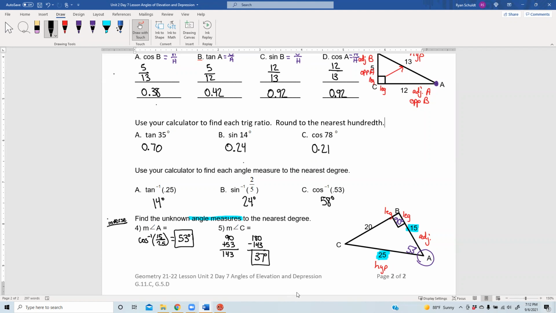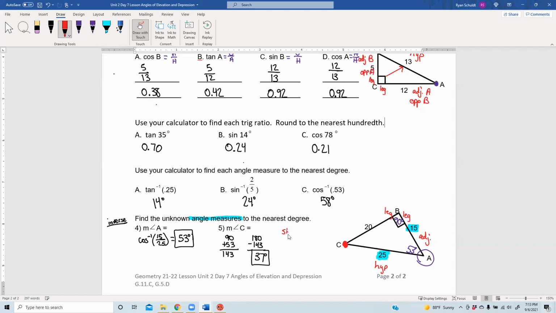Now, let's say you wanted to use the trig ratios on this last one. And let's say you still wanted to use 15 and 25. Well, for C, we're over here at C now, 15 wouldn't be adjacent, that would be opposite.